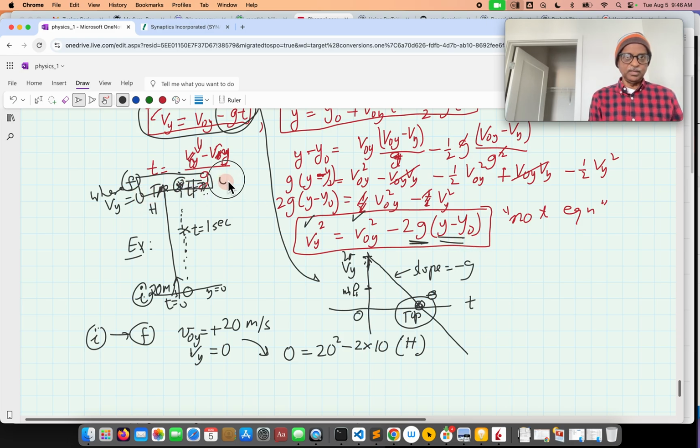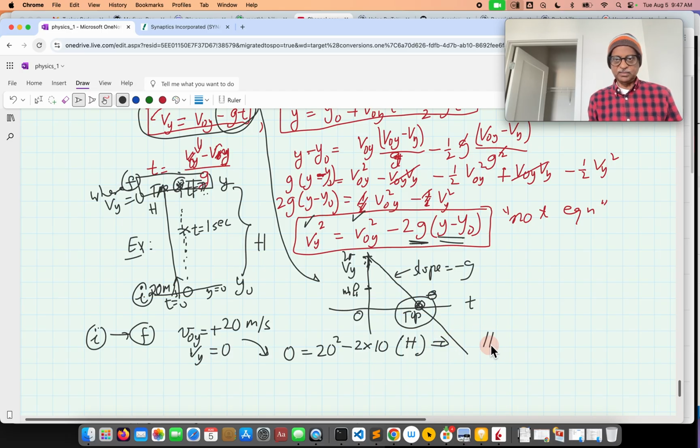This is the y and this is the y0. So y minus y0 is what we are calling h. So this just tells me h is 20 meters.